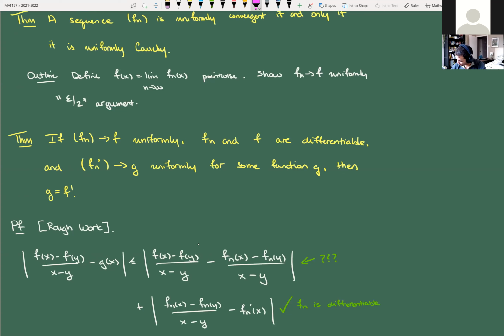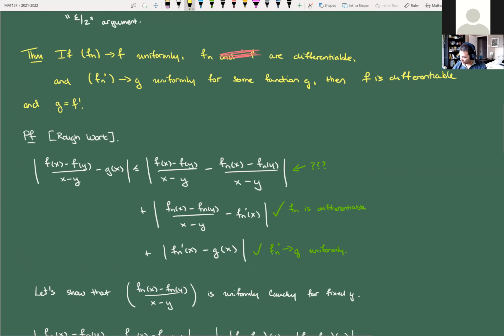So what do I want to cross out here? So let's cross out then F is differentiable. And this is true.